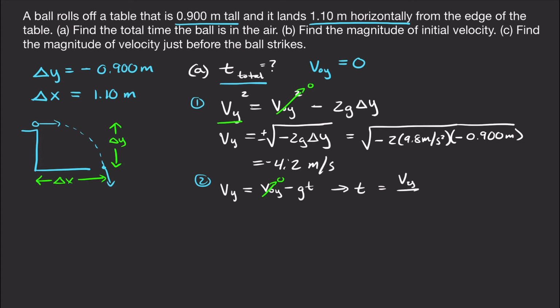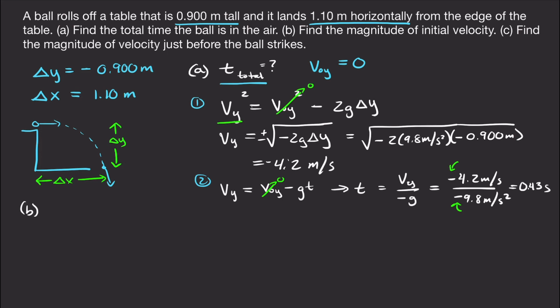So Vy divided by minus g. We said this is negative, so negative 4.2 meters per second over minus 9.8 meters per second squared. And this is 0.43 seconds. So you can see it was a good thing that we had these two minus signs, because our time should be a positive number.